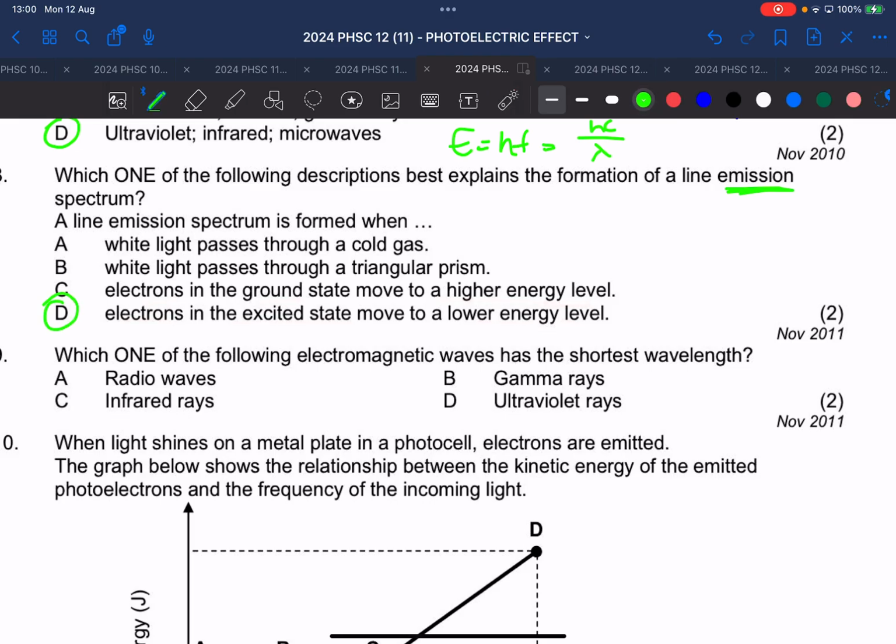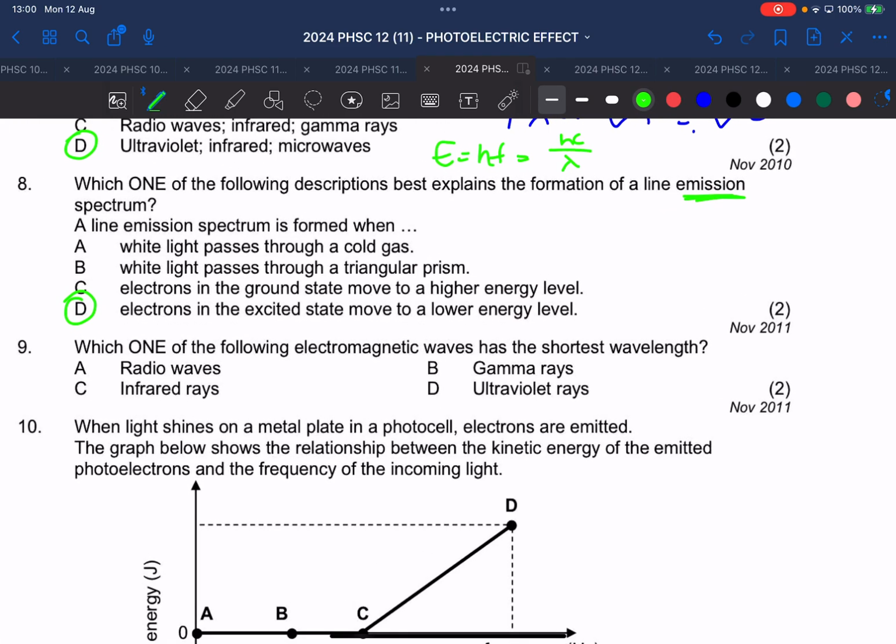D. Yes. Number 9. Which one of the following electromagnetic waves has the shortest wavelength, meaning the greatest frequency, meaning the highest energy? Because wavelength is inversely proportional to frequency. Which one has the highest energy?